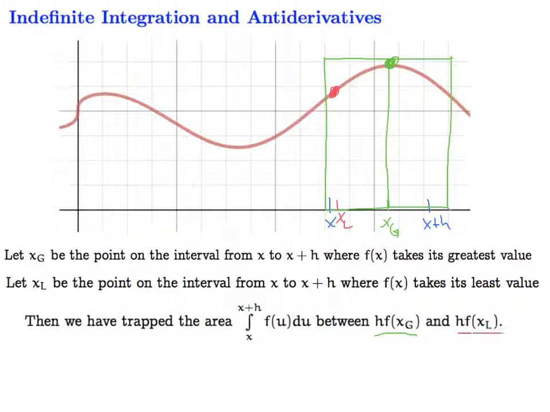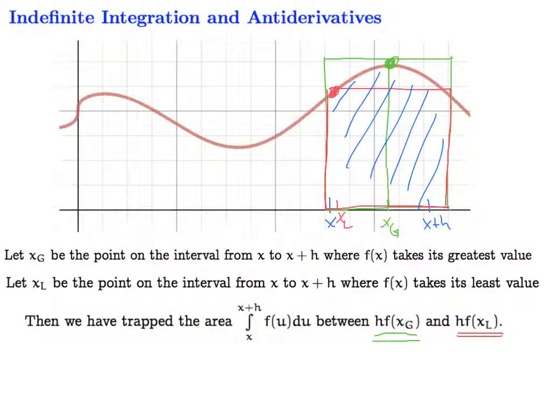I can do the same thing for x sub l: take the width of my interval multiplied by the height, and I've got another rectangle that approximates the area. The red rectangle is a lower approximation for the integral. The green rectangle is an upper approximation. And so this traps the actual area somewhere in between these two areas.